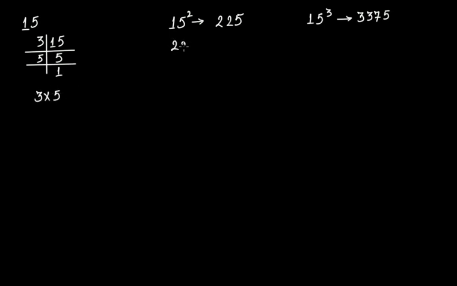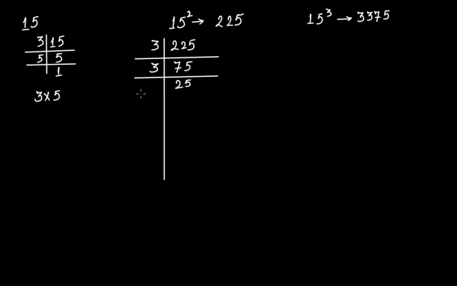Of 225, 2 plus 2 plus 5 is 9, which means it is divisible by 3. So 3 times 75 is 225, 3 times 25 is 75, and then you have 5 and 5, and then 1. So the prime factorization of 225 is 3 multiplied by 3 multiplied by 5 multiplied by 5.